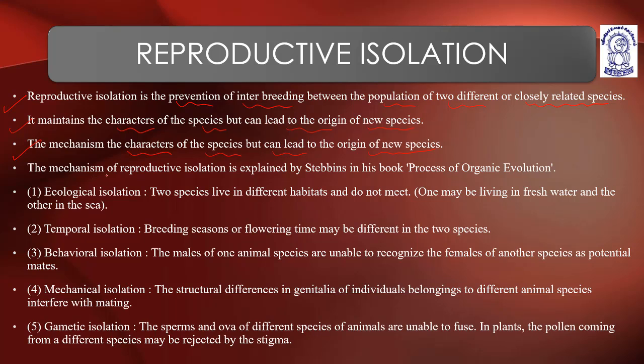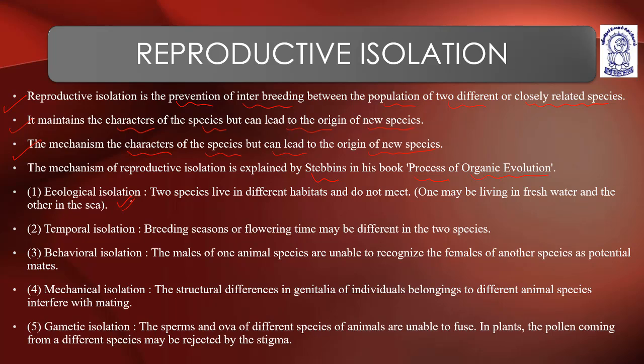The mechanism of reproductive isolation is explained by Stebbins in his book Process of Organic Evolution. He proposed that reproductive isolation can be a method to have a new species.